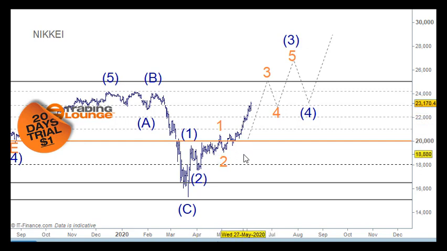This is the case for other Asian countries as well, but this particular pattern could also fit quite nicely within the US pattern as well. So I think it's something that we need to just take on board and keep in the background a little bit, because we are seeing the US markets move quite strongly now.